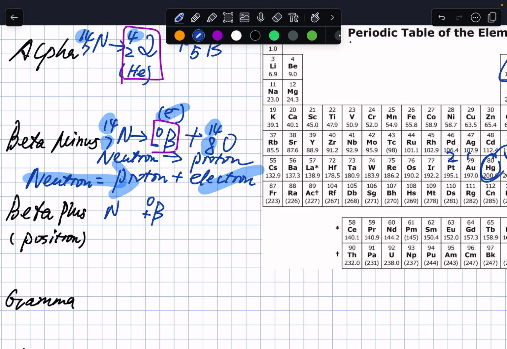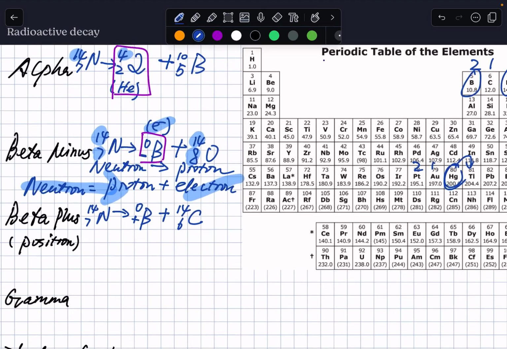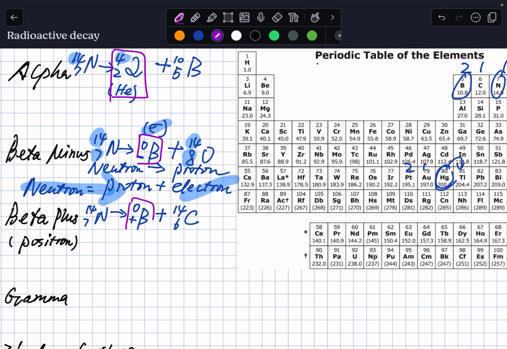So it's nitrogen, 14, 7. Let me subtract this beta plus thing. What do I get? So 14 minus 0, I get 14. And then 7 minus +1 gives me 6. So it will be carbon, right? So this is the new atom that I come up with after beta plus decay, okay?